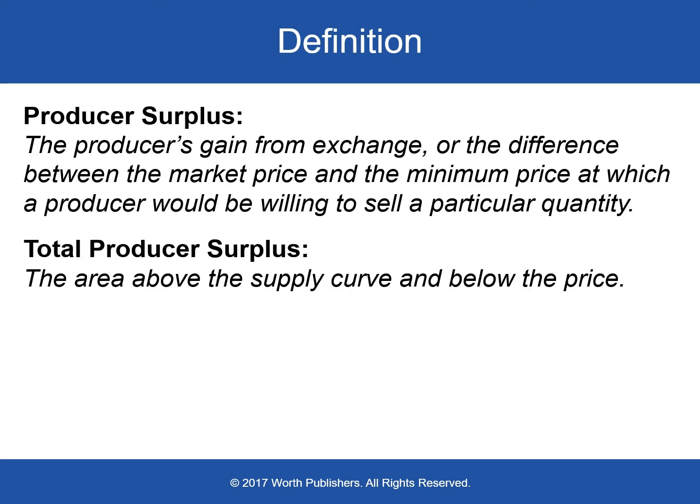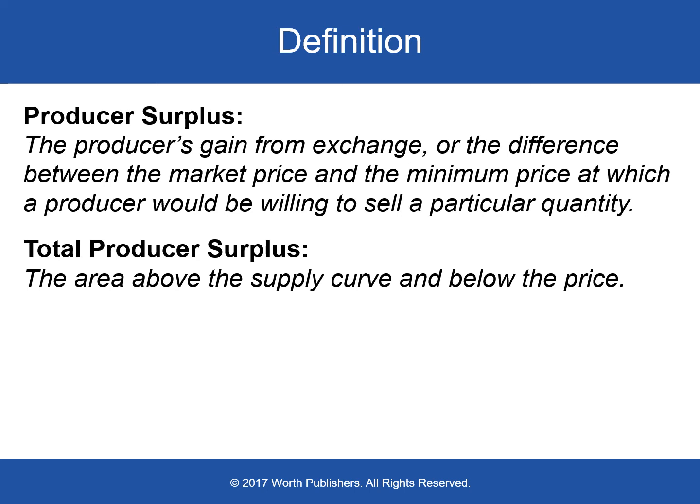Supply also has a concept of surplus. It works differently from consumer surplus. Producer surplus is the producer's gain from exchange, and what that means is you take the market price at which a product is being sold, and you take the minimum or break-even price at which a producer would be willing to sell a particular quantity, and the difference between those two things is the producer surplus.